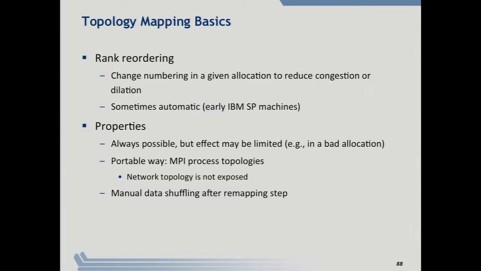Now, as soon as your job is launched, the very first thing you could do is call one of these topology functions in MPI, one of them is a Cartesian topology, another is a graph topology, where you indicate, in the Cartesian case, that you are going to do a stencil computation, be it 2D or 3D.